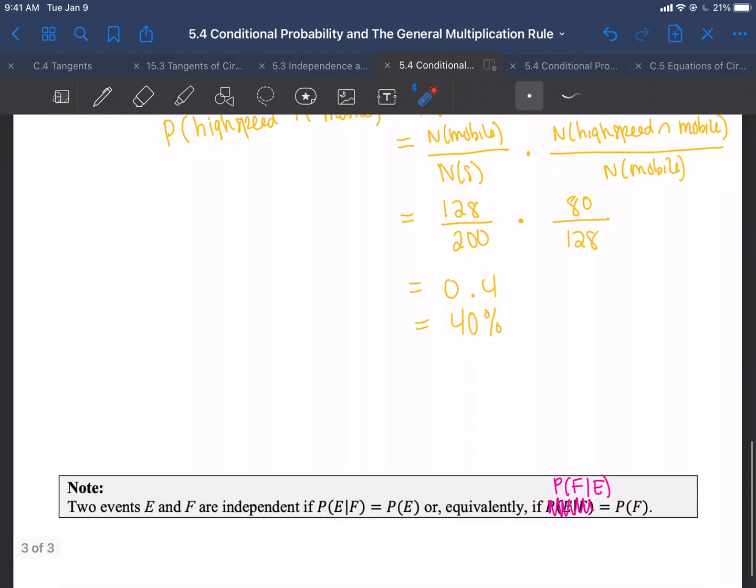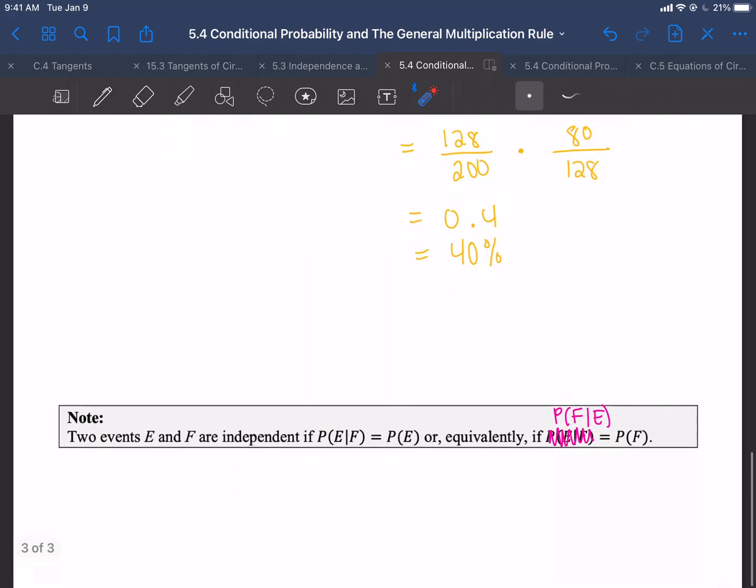Okay? So the note here at the end is two events, E and F, are independent if the probability of E given F is just equal to the probability of E. And same thing, if the probability of F given E is equal to just the probability of F, they're independent because what is given doesn't matter.